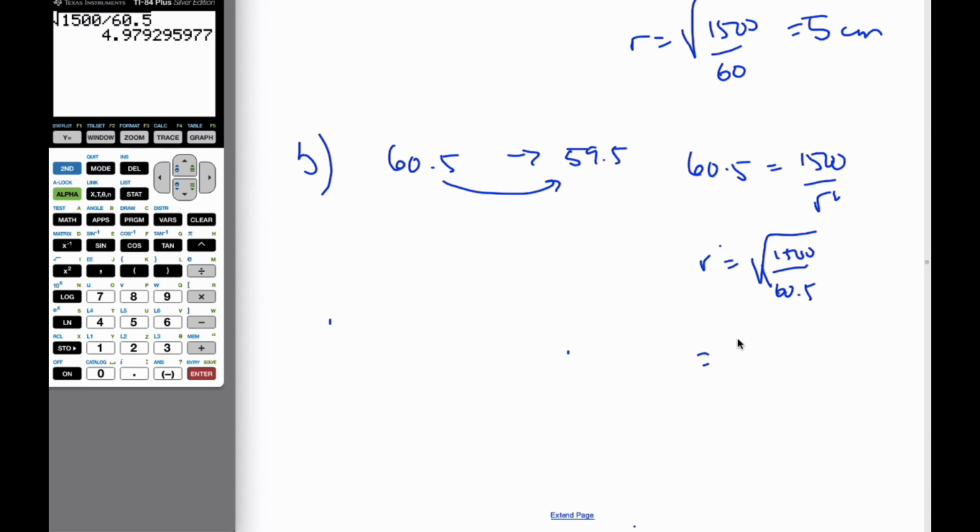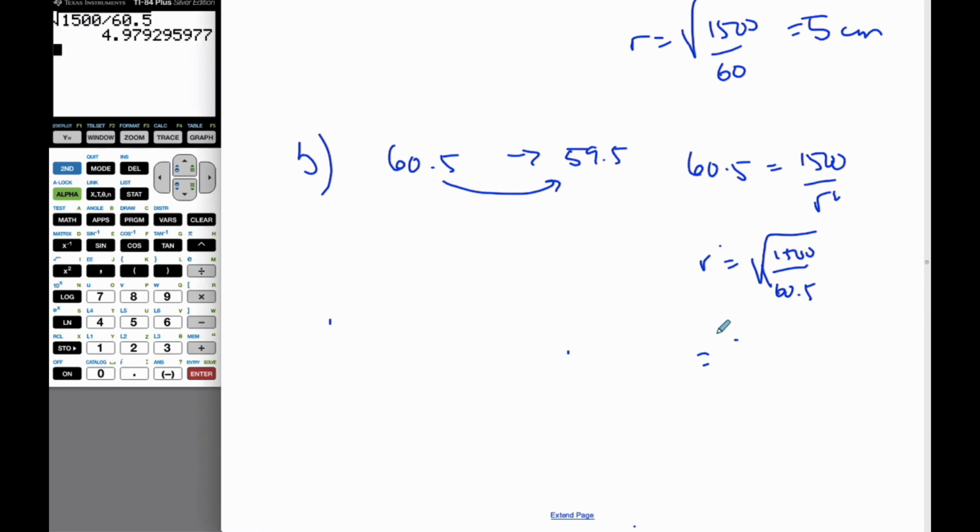And so if the height's 60.5, the radius is 4.98 centimeters.